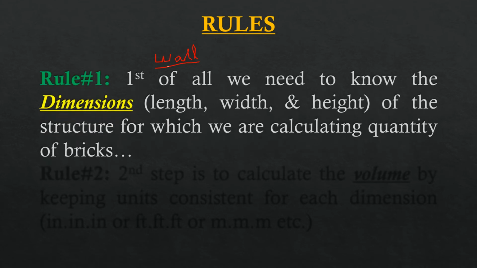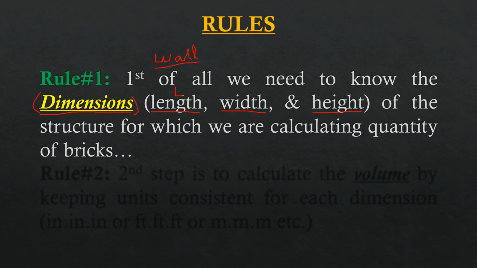The rule number one is that first of all, we need to know the dimensions of the structure for which we are going to calculate the number of bricks. What comes under the scenario of dimensions? We must know the length of the structure, the width of the structure, and the height of the structure.